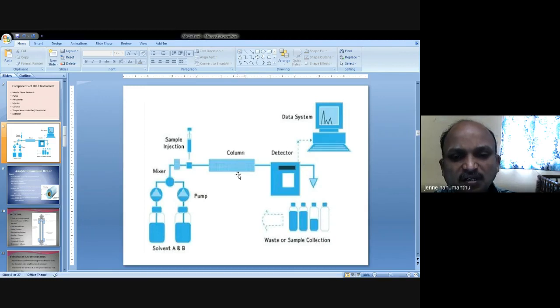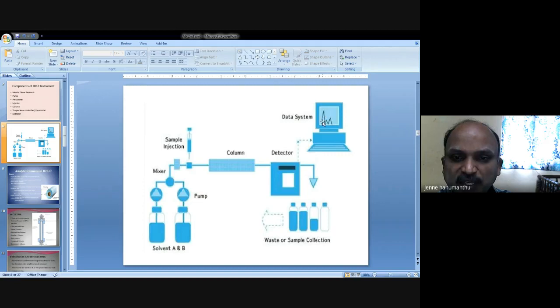After this, based upon the polarities, the chemical components may reach the detector first, second, third, like this, and that is shown as a graph in the data system.